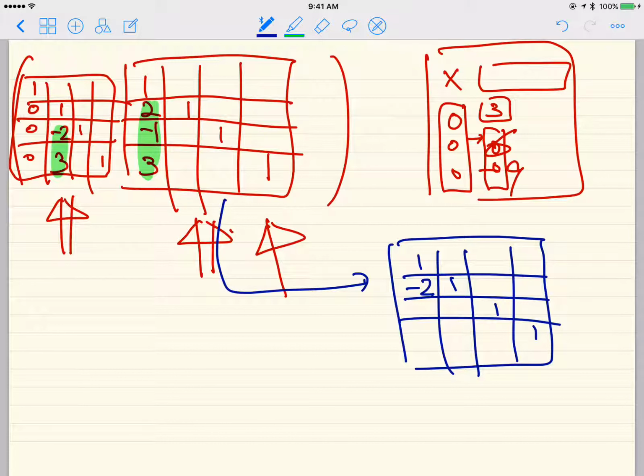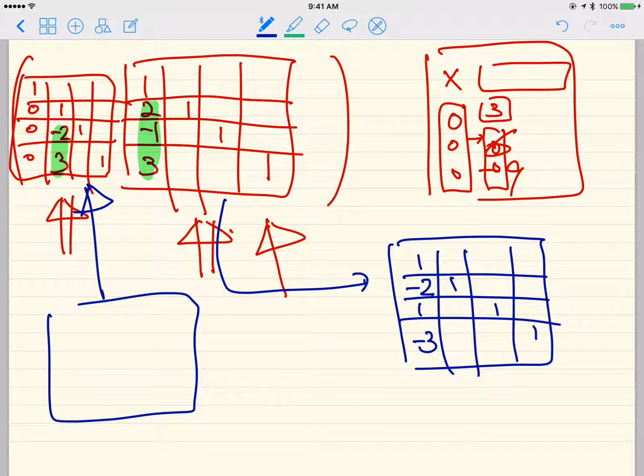We just simply change the sign. Okay? You understand the inverse of it now: 1, 1, 1, 1, and then 2 and minus 3.